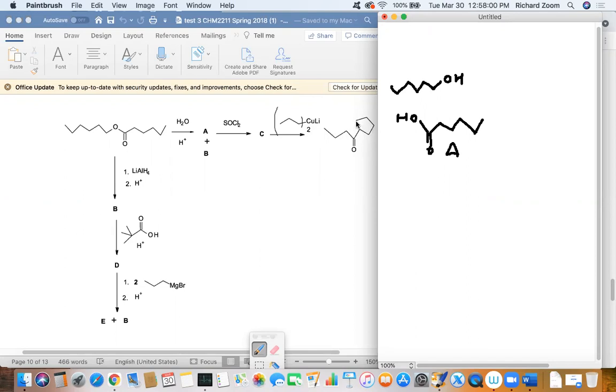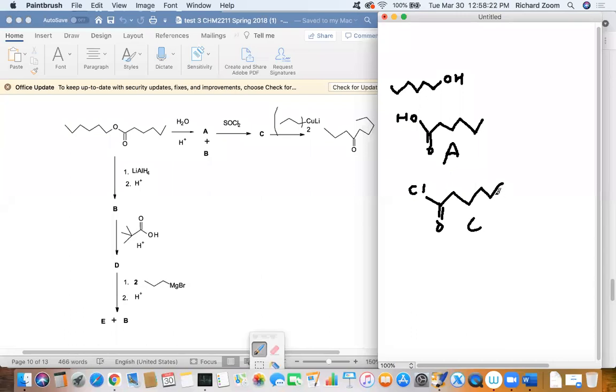So this business here is the bit that comes from the copper lithium. You can see the 3 carbons, and this must come from the rest of it, which makes C the acid chloride that results in that. So we can get that by working backwards. That's C.